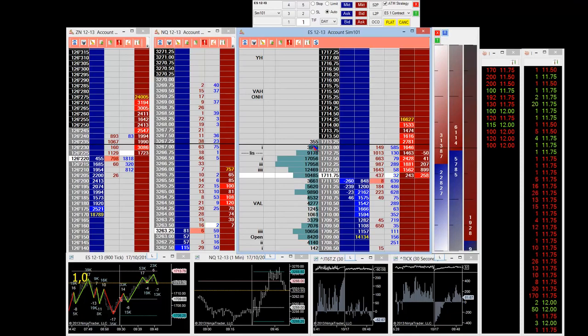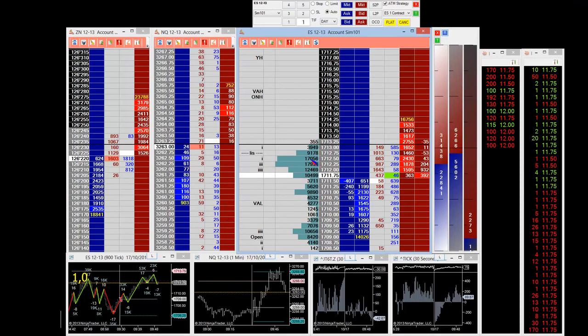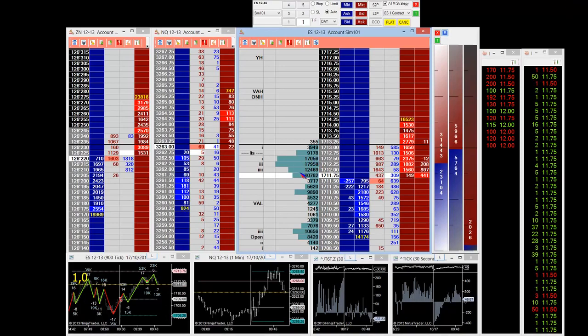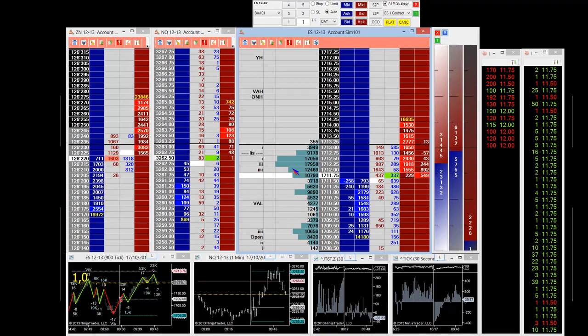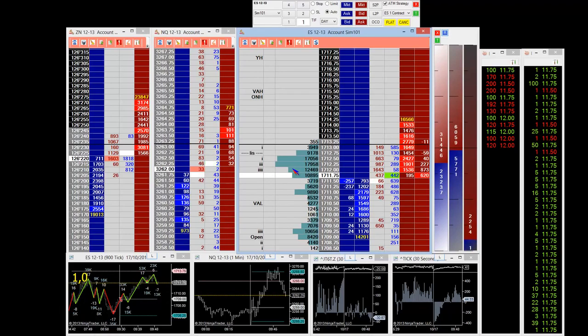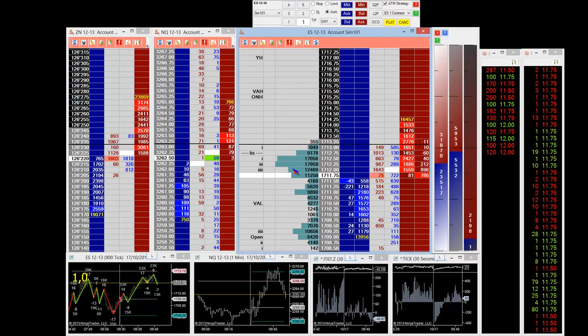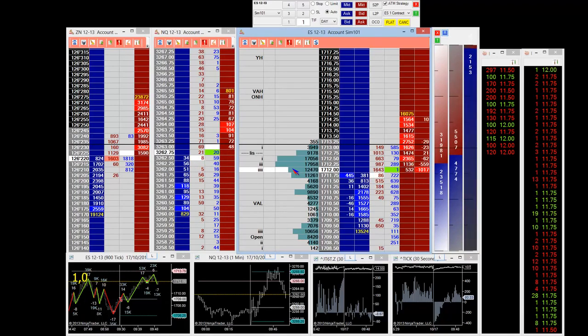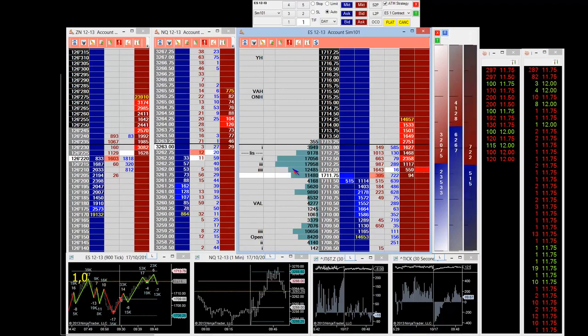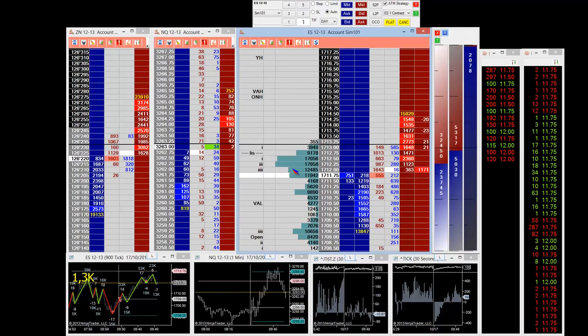So if we look now, from 1711.75 to 1712.50, we've got a chunk of volume on the volume profile, and every trade in the market is a buy and a sell. But when we've got a concentration there, as we move down from that area, we know we're going to have people long and short positioned in that area.